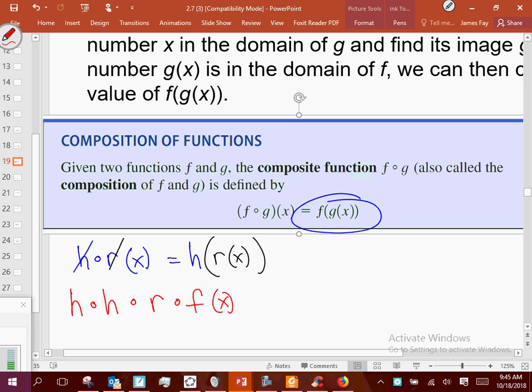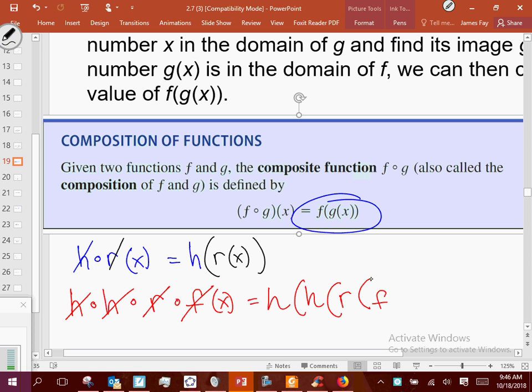So we can do this as many times as we want. Okay. I wanted to convert that. Start with the h. Put a parenthesis. So I use that first one. Okay. I get to this one. Use that. Put another parenthesis. I now get to r. Okay. Put another parenthesis. And now I get to f, right? And I've used f. So I've used all of my functions.